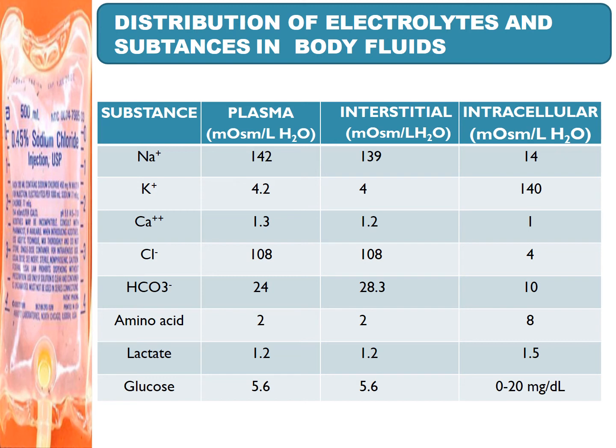Let us focus on this table. Here I summarize the three fluids: plasma, interstitial fluid and intracellular fluid, with respect to the milliosmolarity per liter of water. So we calculate this distribution of electrolytes and we measure in terms of milliosmolar per liter of water.